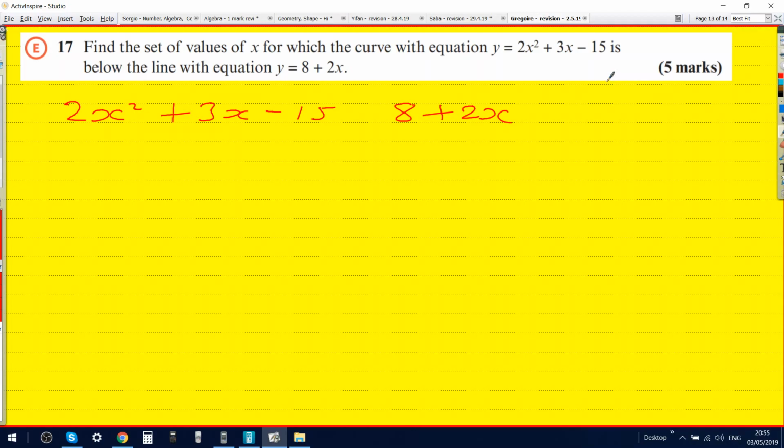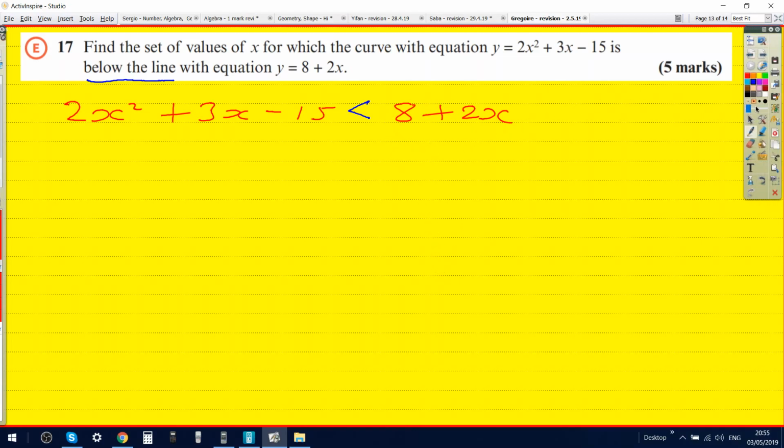So because it's below the line, we want when the quadratic is less than the line.